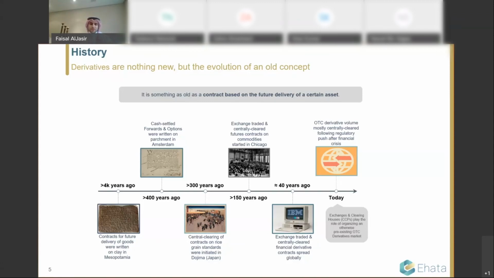Fortunately for Thales, the harvest was excellent, and the demand for olive presses spiked, and he made a huge profit by renting out these presses. So again, derivatives are nothing new, but the evolution of an old concept.